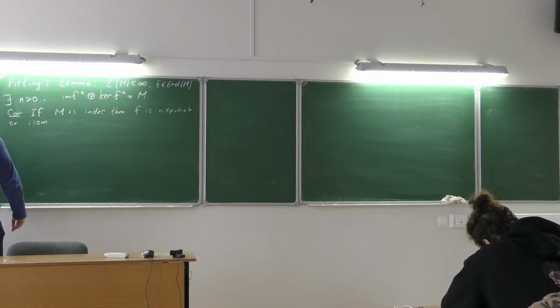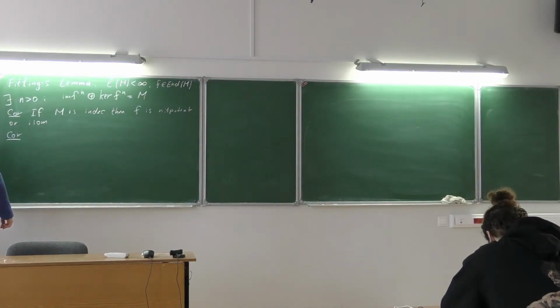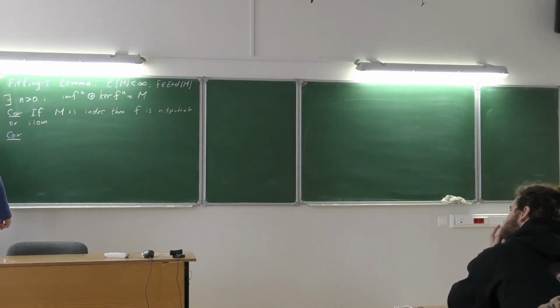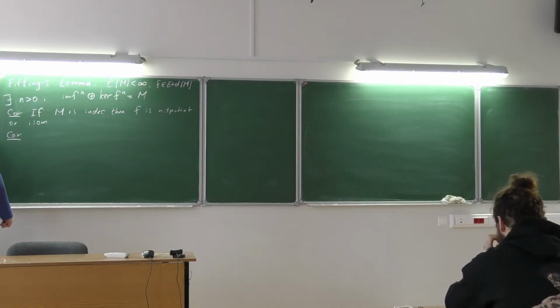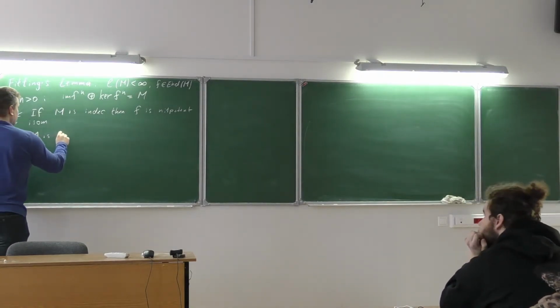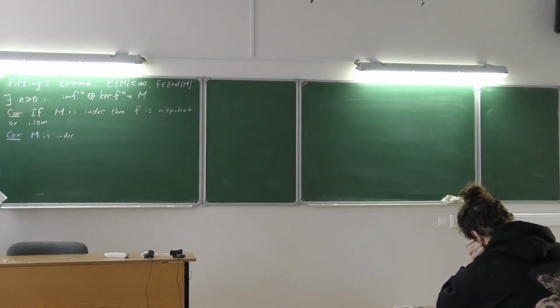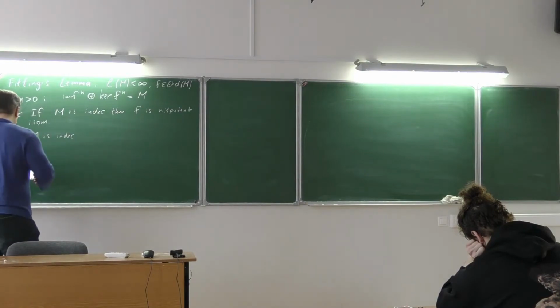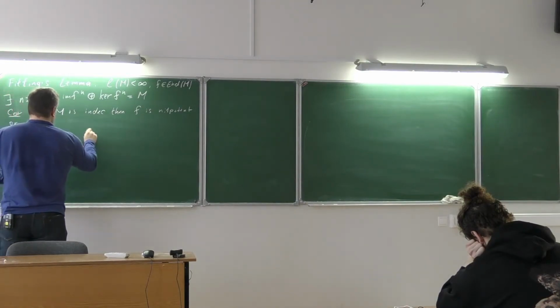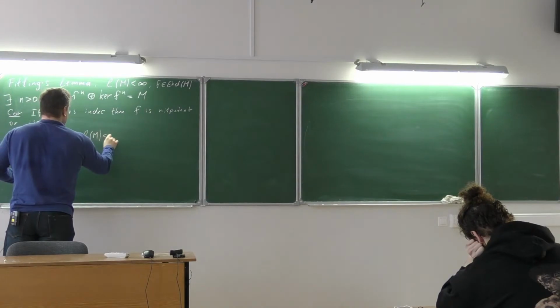Okay, so what I want to show next is another corollary, which is going to be useful when we start proving Schmidt's theorem. And this is the following. Again, I assume that M is indecomposable, so I'm going to use the previous corollary, and of course, as before, the length of M is finite.